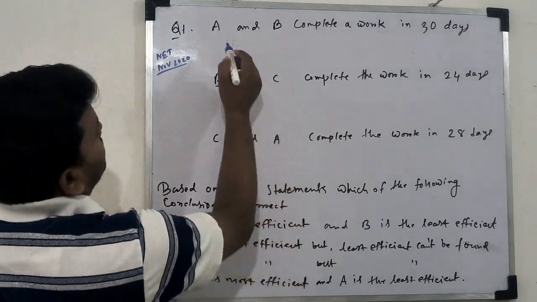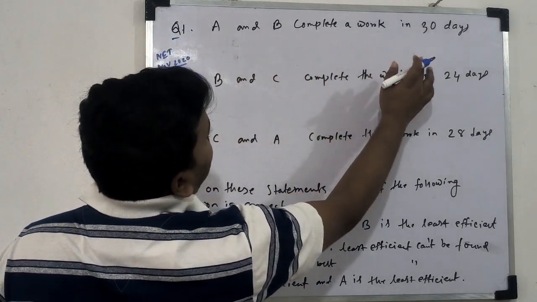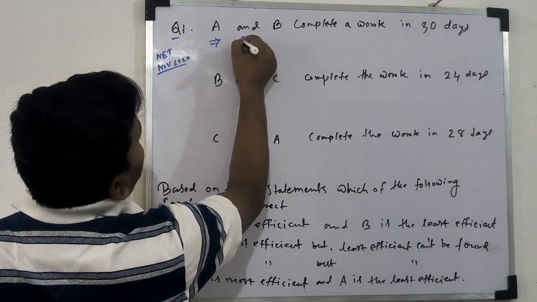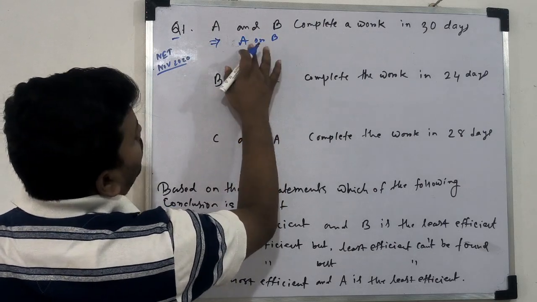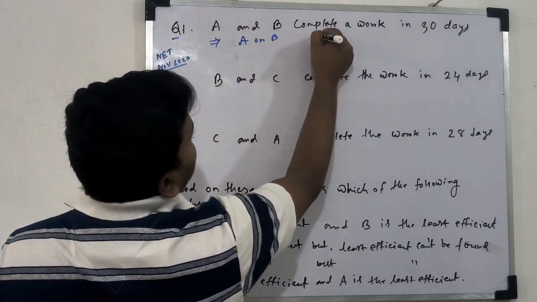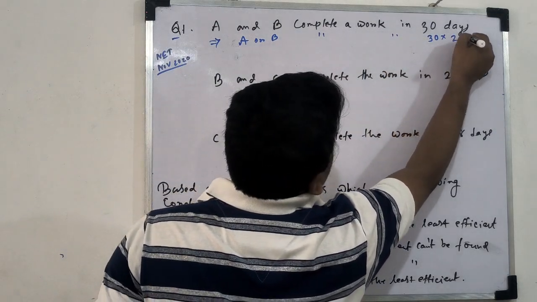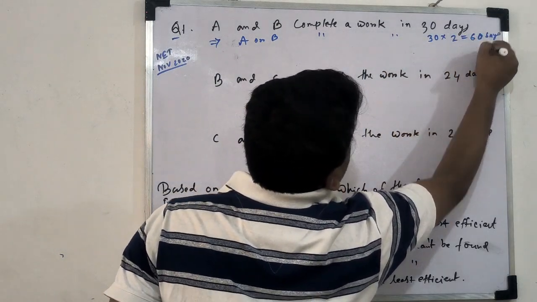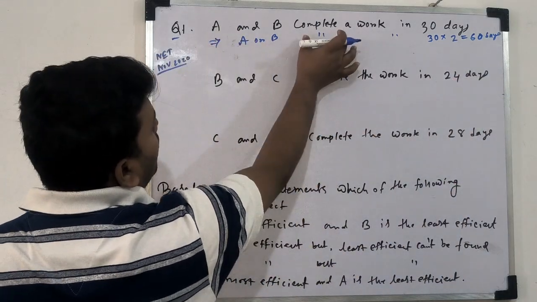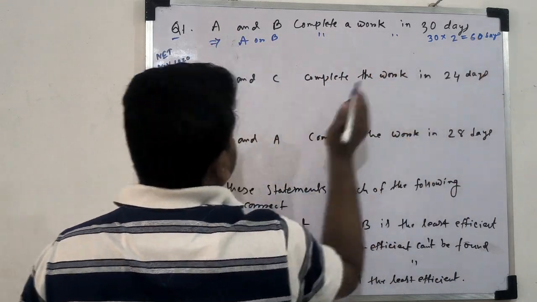So it is given A and B complete a work in 30 days. From this we can conclude that one of A or B can complete the same work in 30 into 2, that is 60 days.